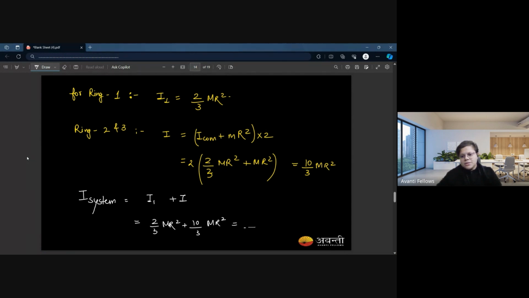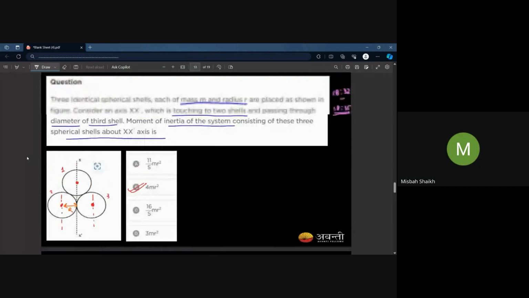Since the denominator is the same, I add them algebraically, and it becomes 4 mr square, which is option B. Is it okay? Yes, ma'am.